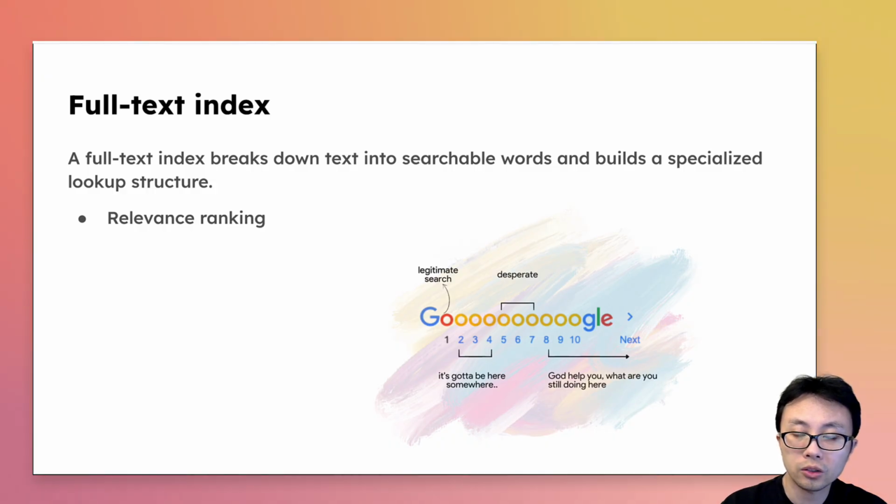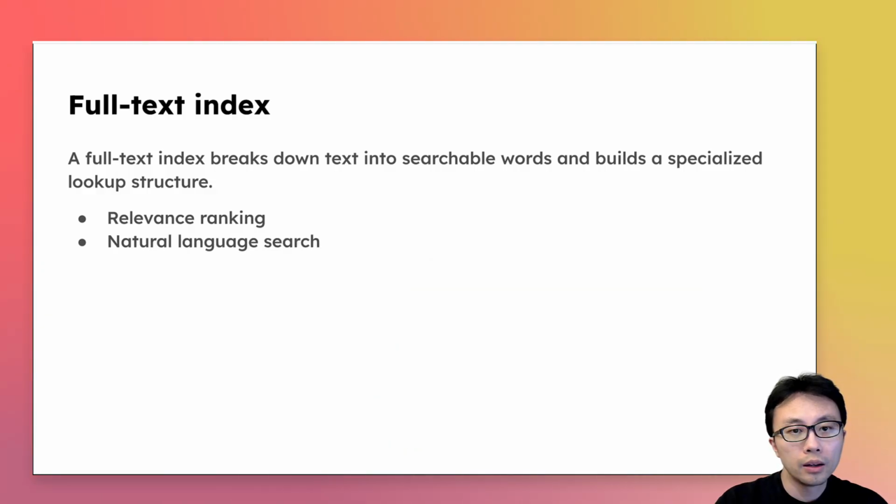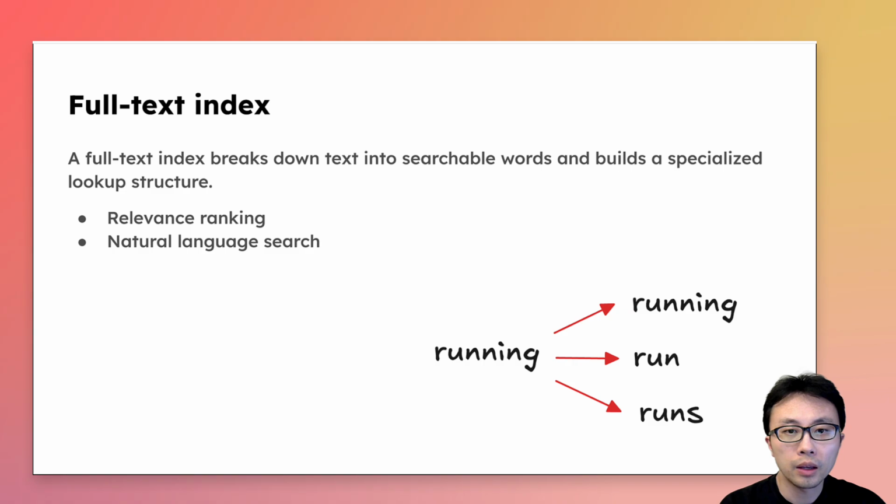Results of full-text index aren't just a match or no match. Full-text index can score results by how well they match your search terms, putting the most relevant results first. With the help of full-text search, you can search for phrases, handle plural forms, and even find similar words. For example, with the help from full-text index, searching running might also find run and runs.